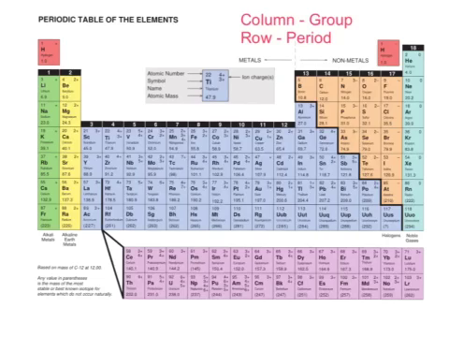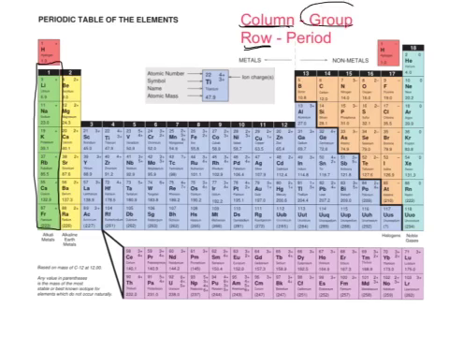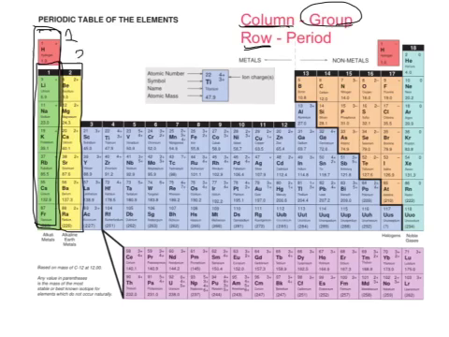First, this table has columns and rows. The columns, these vertical lines, are called groups, and this includes hydrogen. This column is called group 1, and the second column is called group 2.